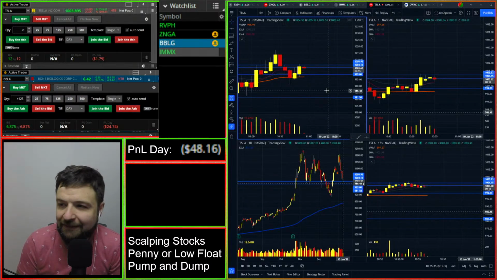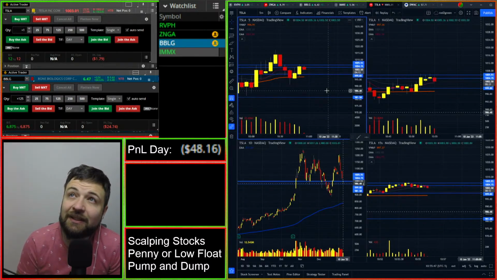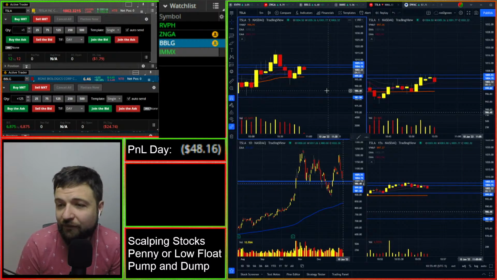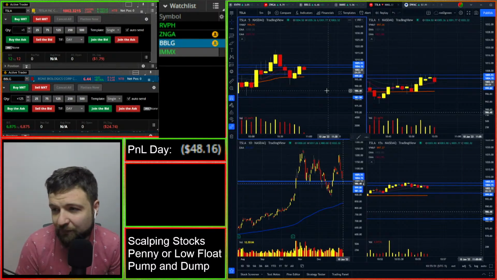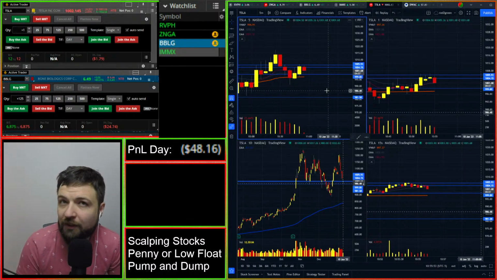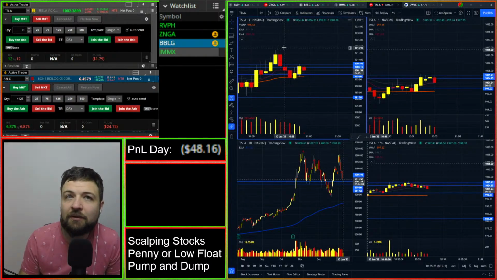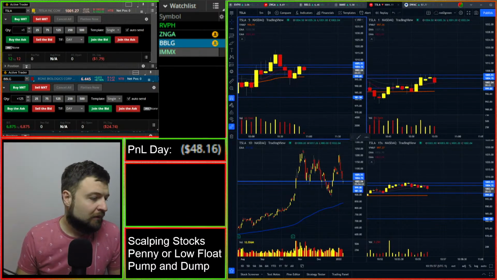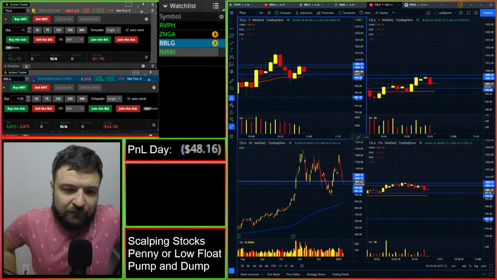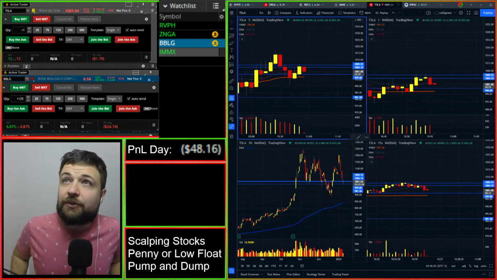So in Tesla, it looks like you've got to be patient and wait for these 5-minute setups mostly, because they're more conclusive. 5-minute setups are more conclusive for sure.